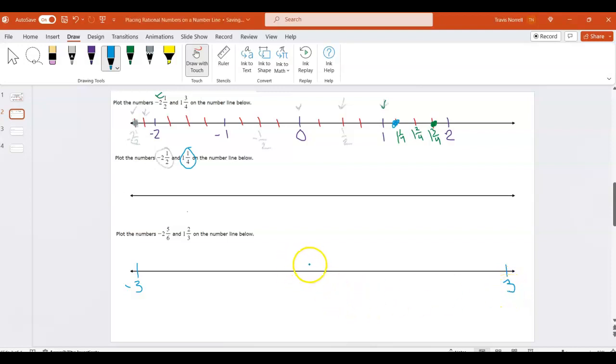And I'm going to put 0 right smack in the middle. So 1, 2, -1, -2. See how I kind of try to make those equal?